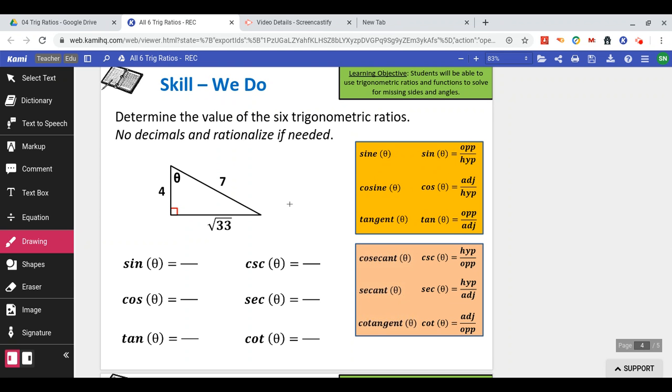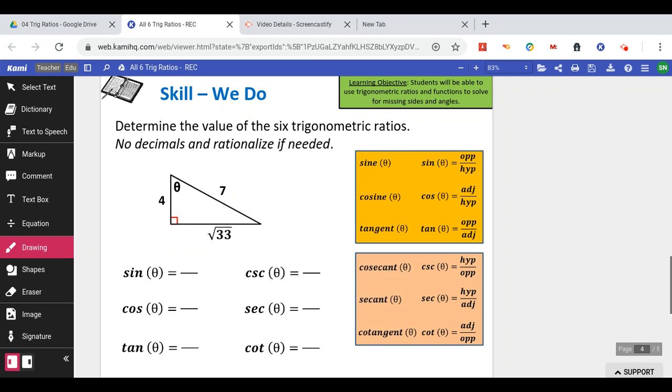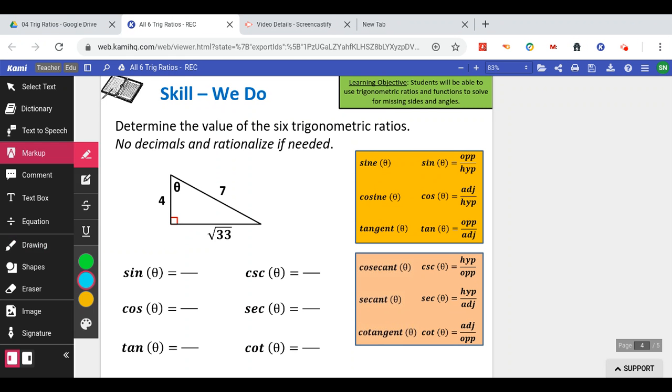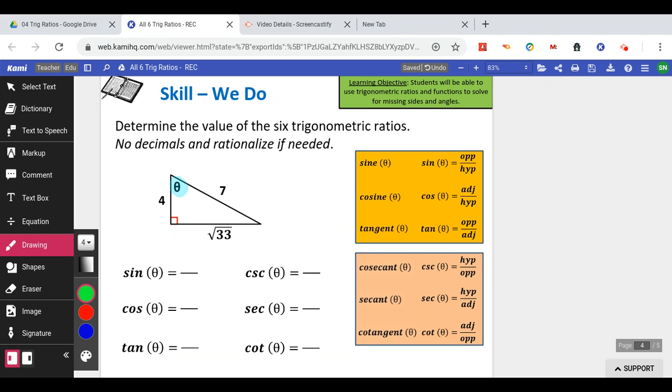So let's start by looking at the angle of reference. As you can see in this problem, the angle of reference is shown by the angle theta. Once we have the angle of reference, we have to determine which sides are which. Across from the angle of reference, we have the opposite side.